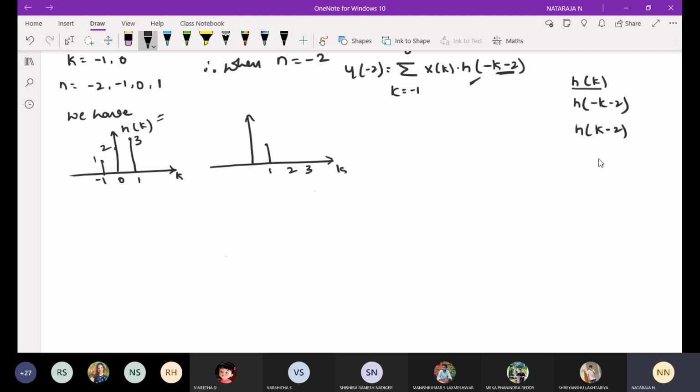The signal will be the same, 1, 2, 3. This is your h of k minus 2, shifted 2 times to the right. It starts at -1, so 2 times means up to 0, 1. At the place of 1, it will be 2 times. The signal starts at 1 and ends at +3.